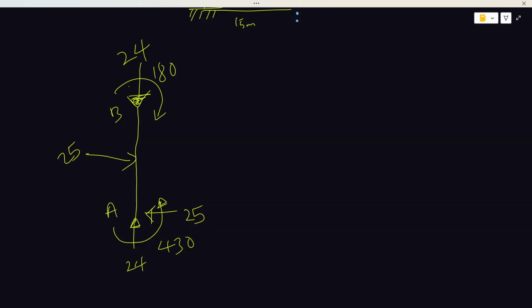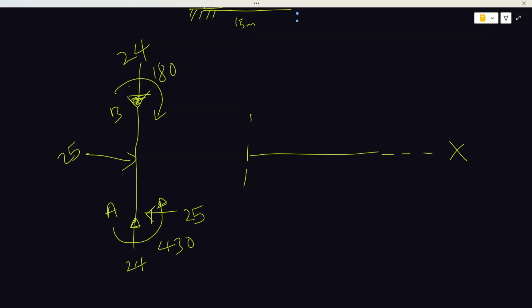Normally in solving shear force and bending moment questions, we're used to our structures being horizontal. When the structure is horizontal, we take this as the y direction and this as the x direction.